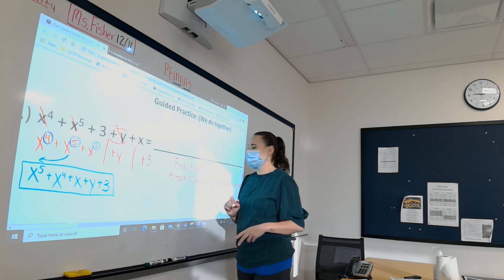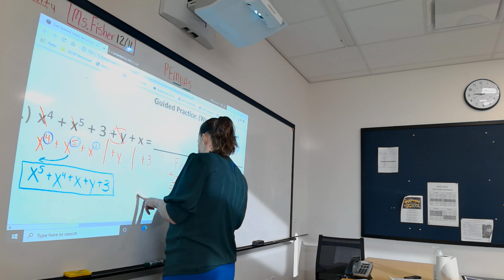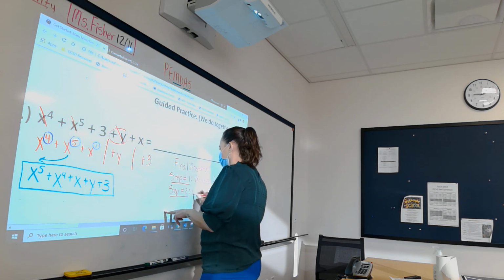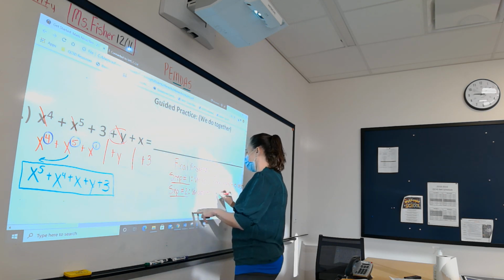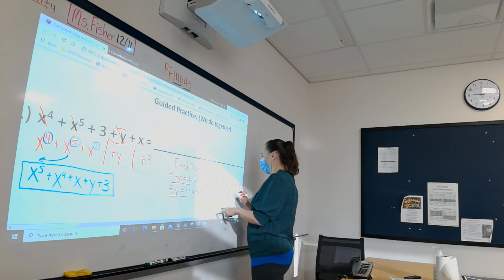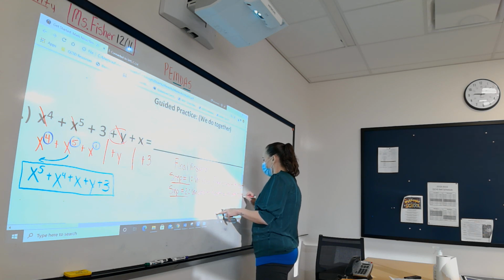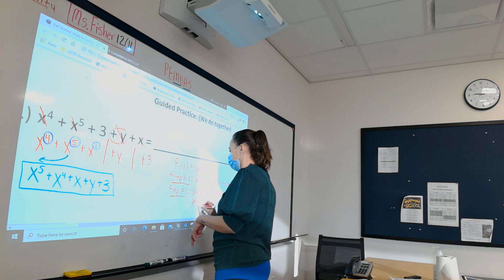Step 2, variable to highest power goes farthest left, slash first.